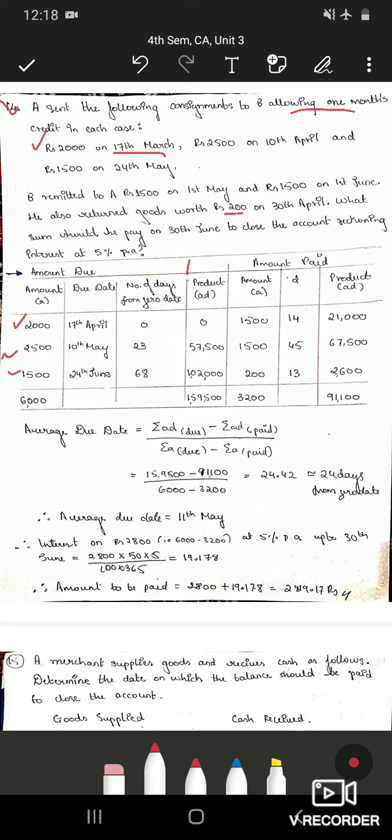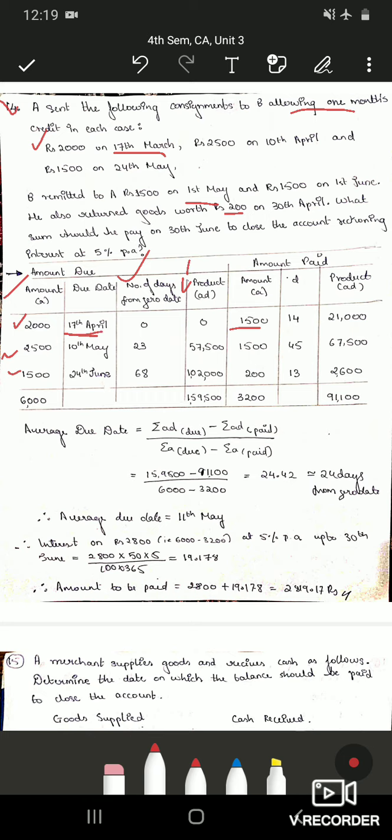So we are taking April 17th as the 0 date, so we can calculate the number of days from the 0 date and then take the product, and take the summation of the product as well as the amount. Coming to amount paid, the amount is 1500 and the number of days from 17th April to 1st May is 14 days.